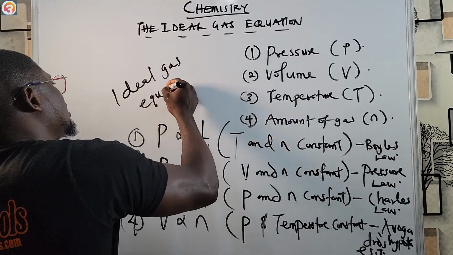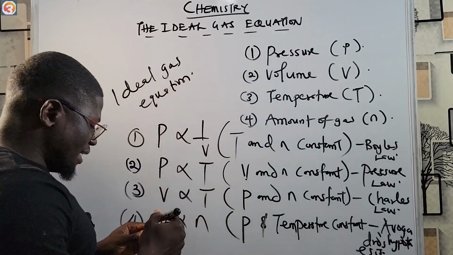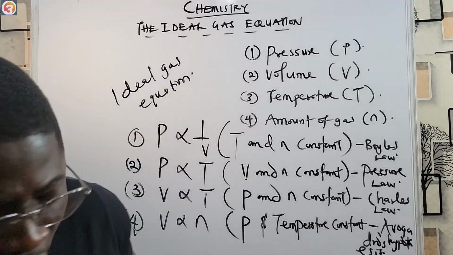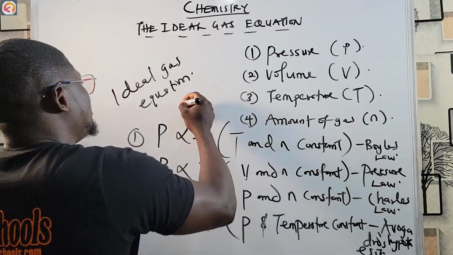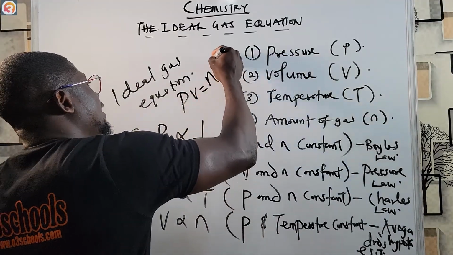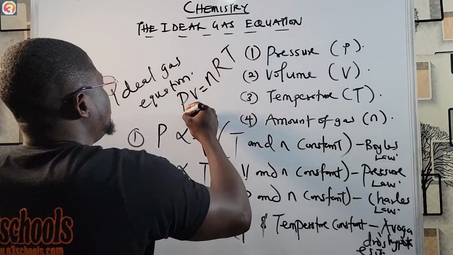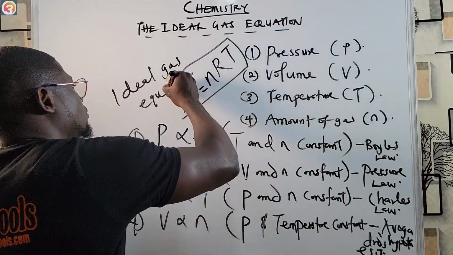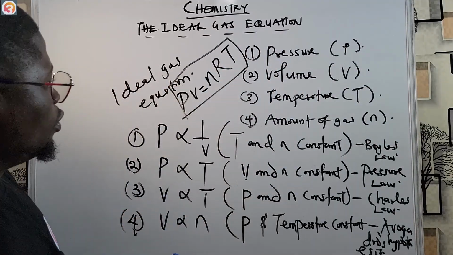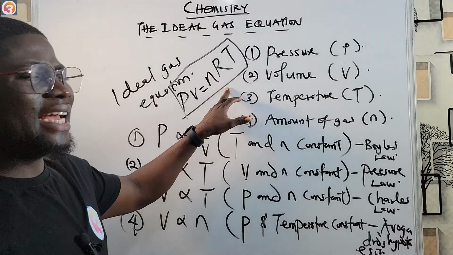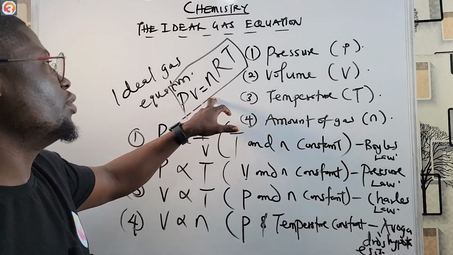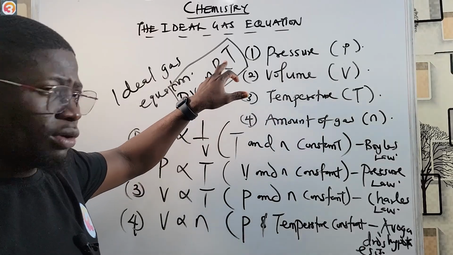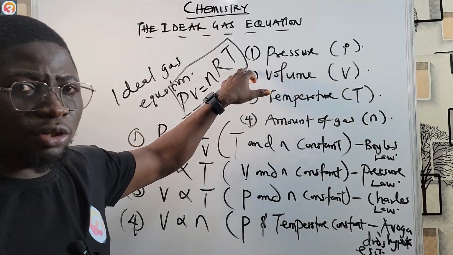In the ideal gas equation, we have that PV is equal to nRT. Pressure multiplied by the volume is equal to the product of the amount of gas, the ideal gas constant, and the temperature.